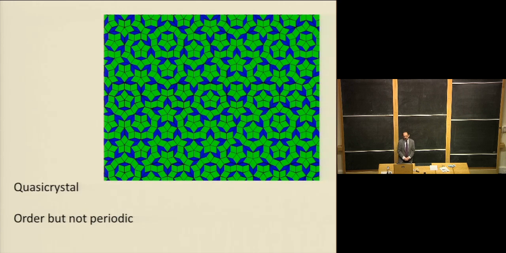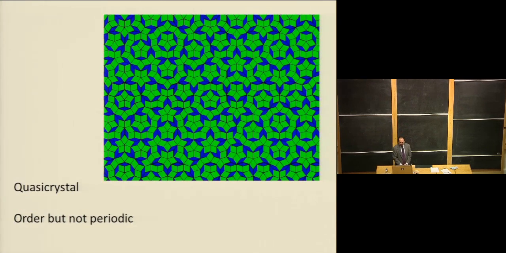Halfway between order and disorder is also the idea of the quasi-crystal. This particular picture is what's known as a Penrose tile, named after Roger Penrose, one of the most famous mathematicians here at Oxford, one of the most famous mathematicians in the world, actually. Anyway, this is made up of two different types of tiles, these little blue objects and these little green objects, and they fit perfectly together in a very ordered arrangement, but in fact, all the way out to infinity, the pattern never repeats.